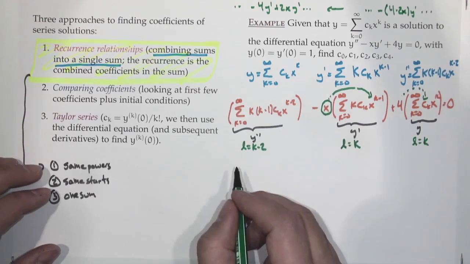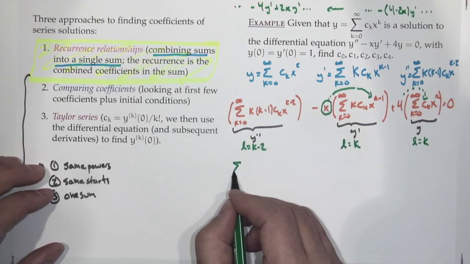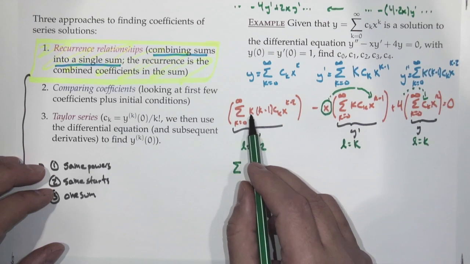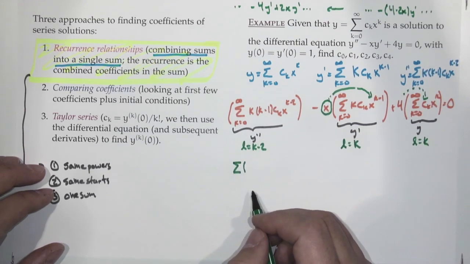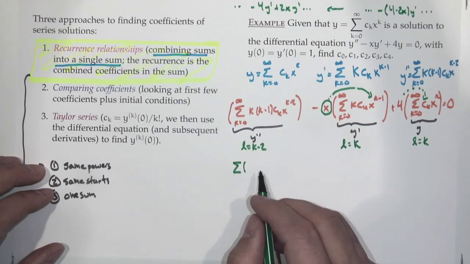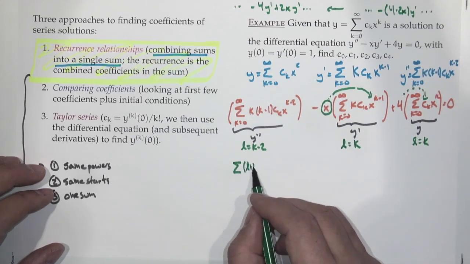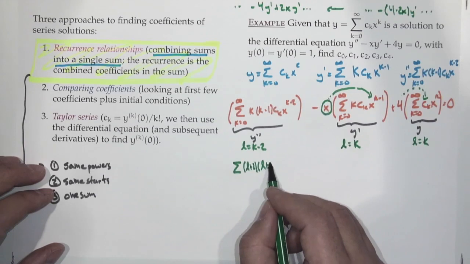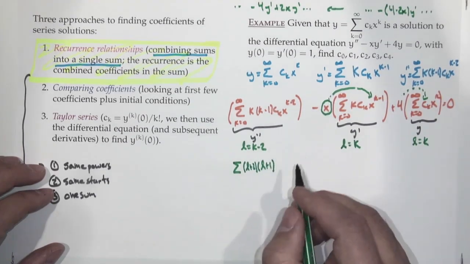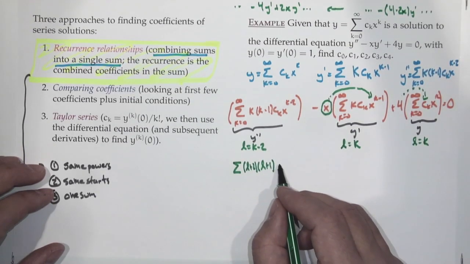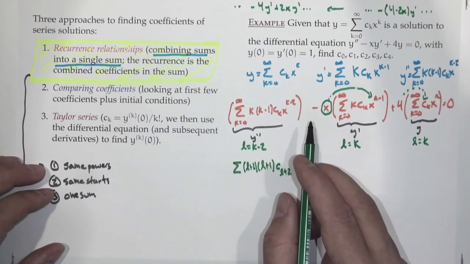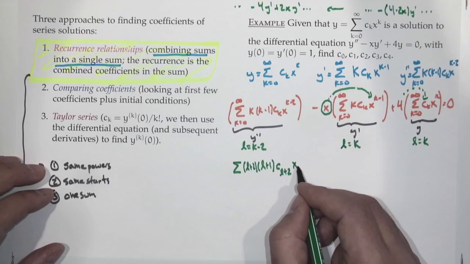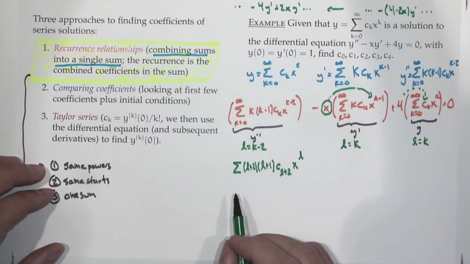So, in this sum, k times k minus 1 becomes l plus 2 times l plus 1. c_k becomes c_(l plus 2). x to the k minus 2 becomes x to the l.